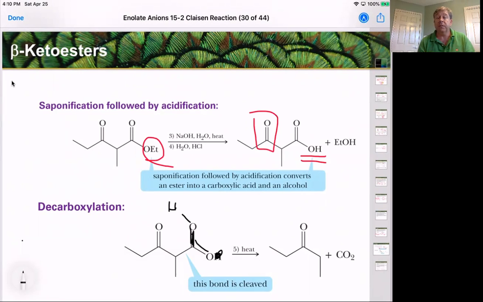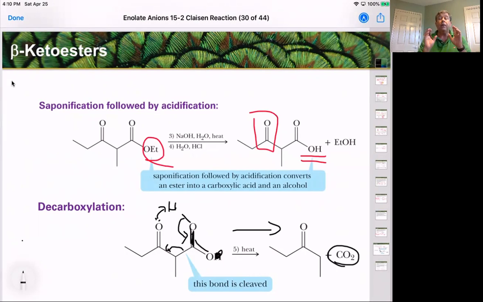Because once we form this six-membered ring, what can happen is that we can have one of the lone pairs from up here reach out and grab this hydrogen. These electrons kick in, giving us our other compound. These electrons kick here, and when that happens, it loses CO2 and gives us our enol form, and then our enol form will reconvert to our ketone form.